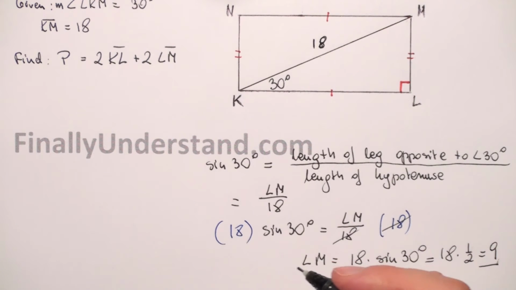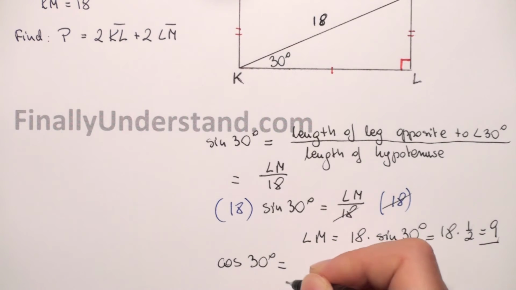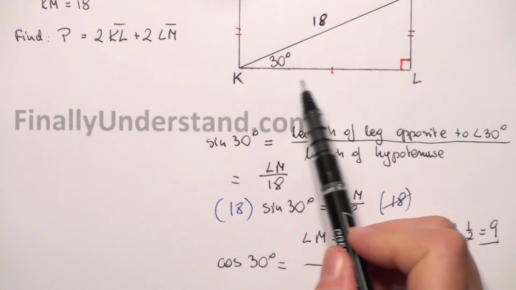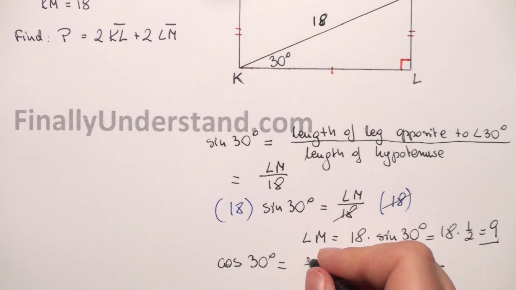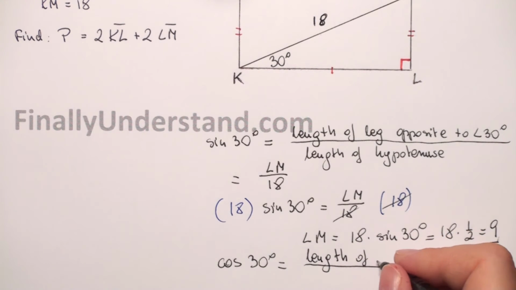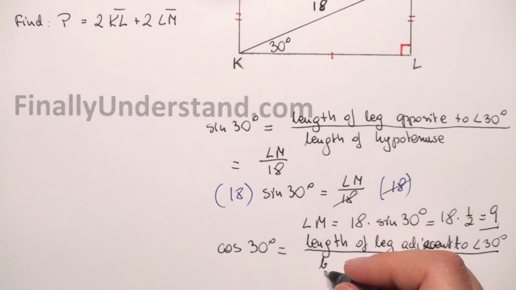We will use the trigonometric function cosine of 30 degrees. This is equal to, in the numerator, the length of the leg adjacent to our given angle 30 degrees, and in the denominator the length of the hypotenuse.